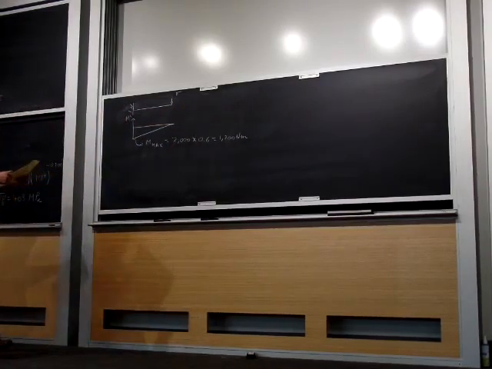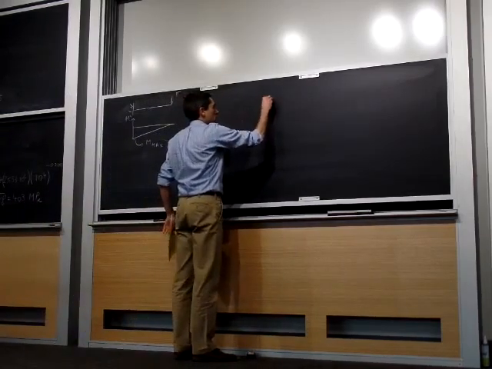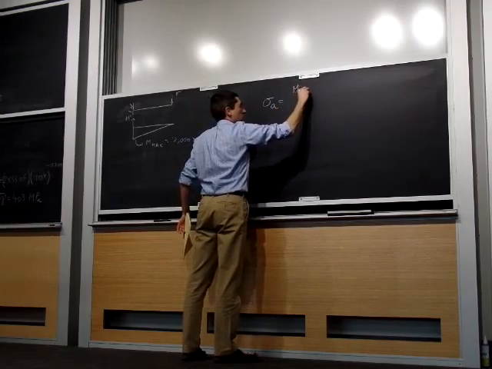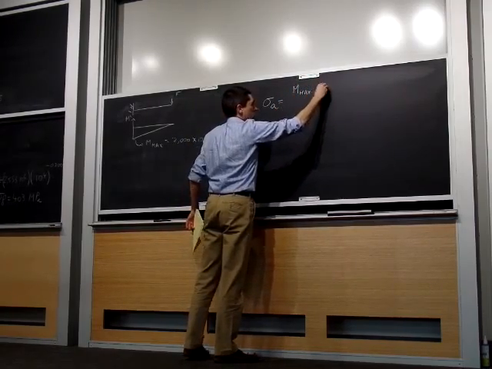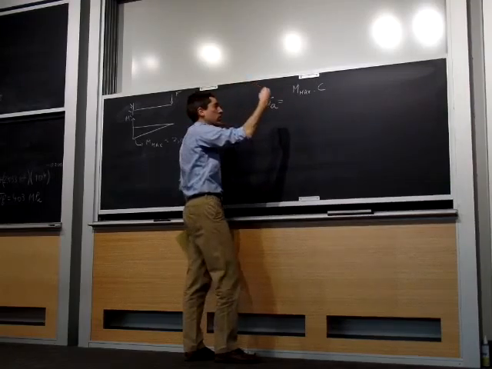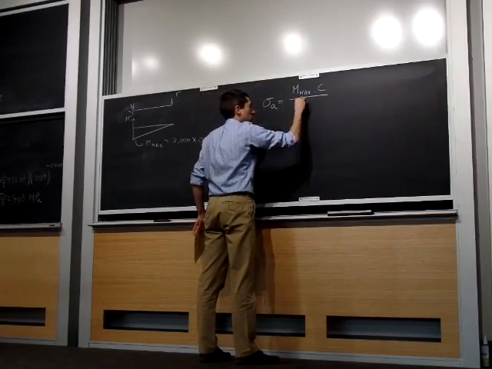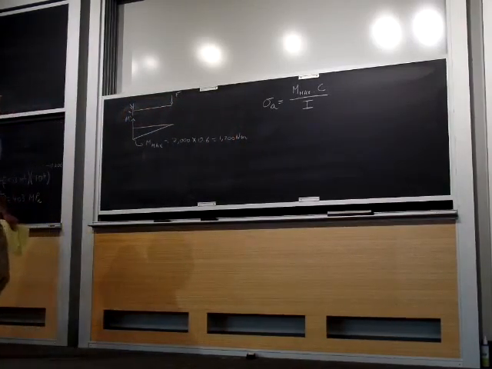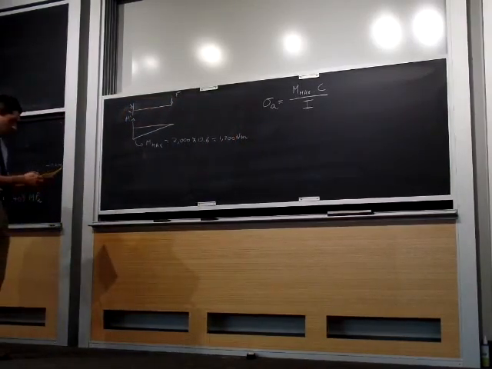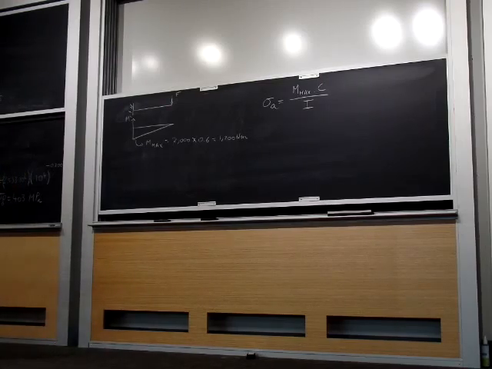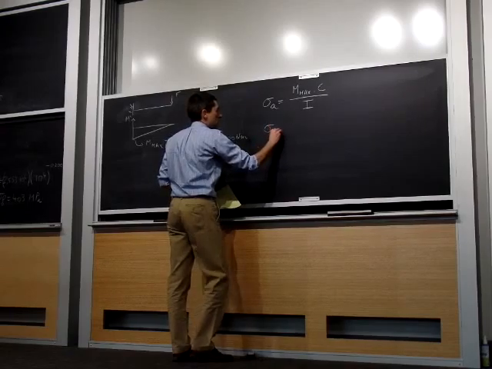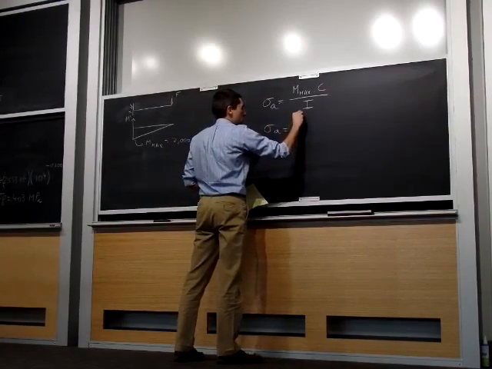We can then just write our equation, our flexure formula, so that is going to be M max times C, the maximum distance from the neutral axis, divided by the moment of inertia of the cross-section. So let's fill in some values here, right? So sigma A is then equal to M max.